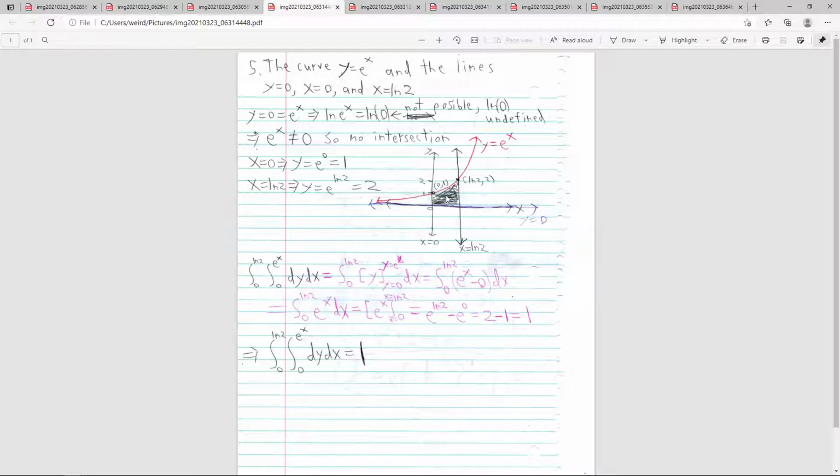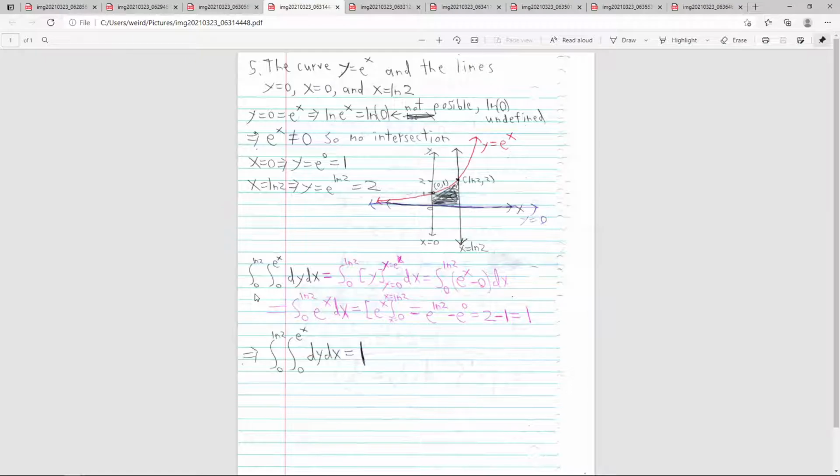It's this region. And e to the ln 2 will be 2 as well. x equals 0 means that y is 1. So y values change from 1 to 2, but that won't matter too much.